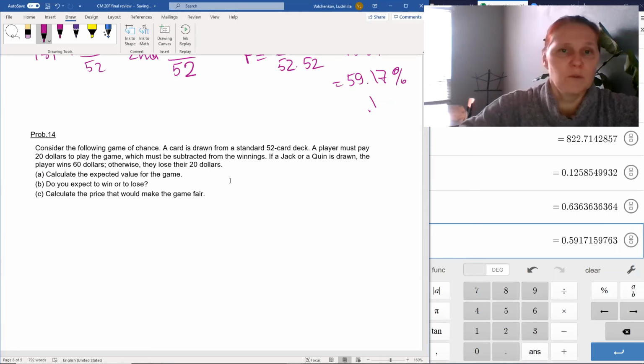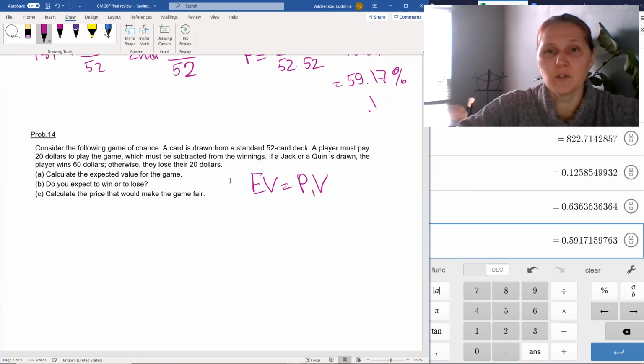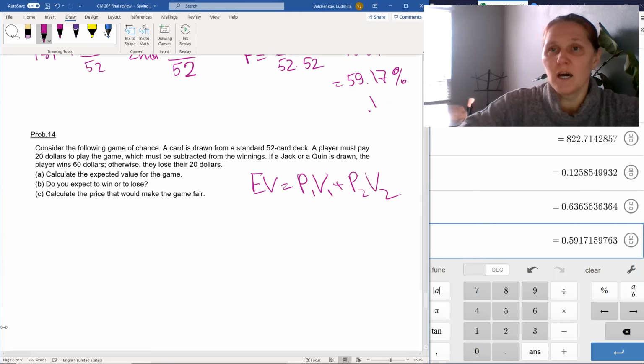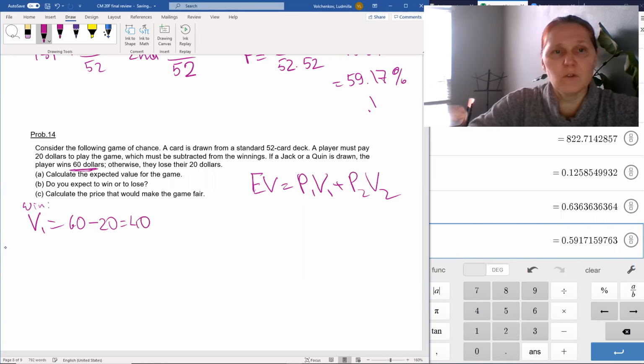So the expected value will be the probability of the first outcome times associated value plus probability of the second outcome times associated value. The first outcome is winning, then you get $60, but we must subtract $20 that we paid for this game, so $40.